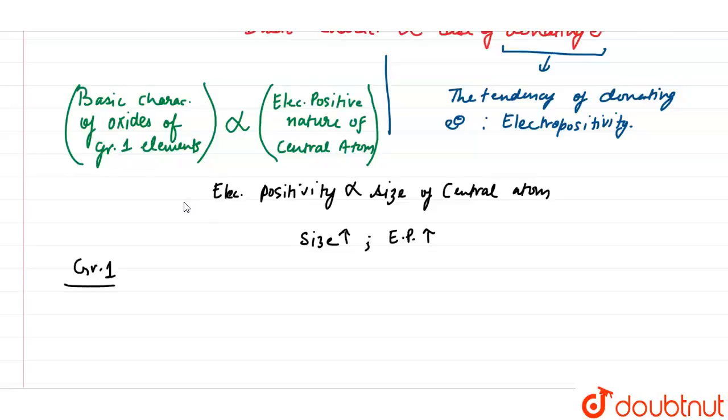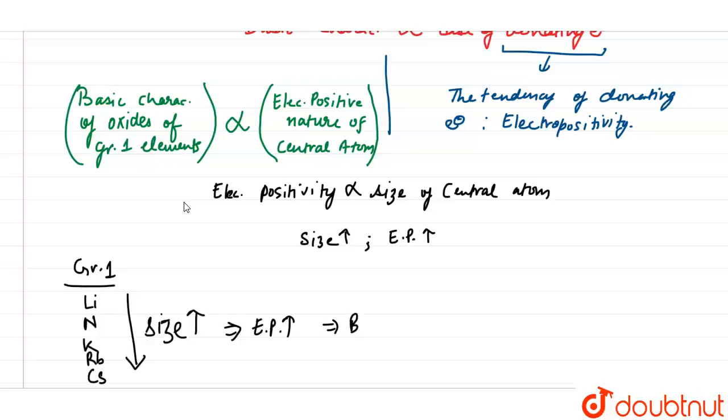Therefore, as we go down the group, and we already know that for group 1 elements, that is lithium, sodium, potassium, rubidium and cesium, the size of atom increases. We all know that. And as size of atom increases, this implies that electropositivity increases.